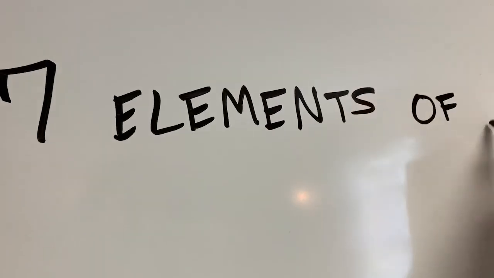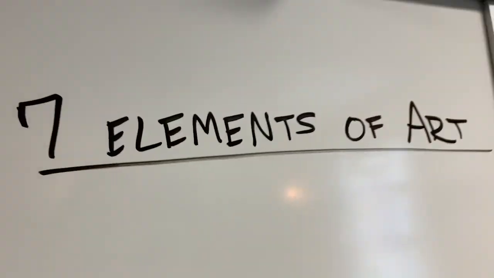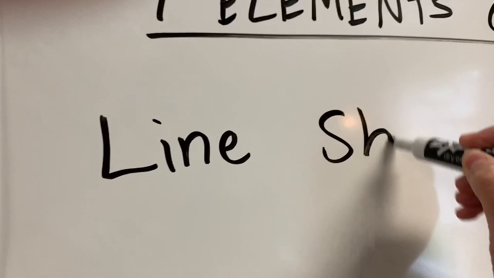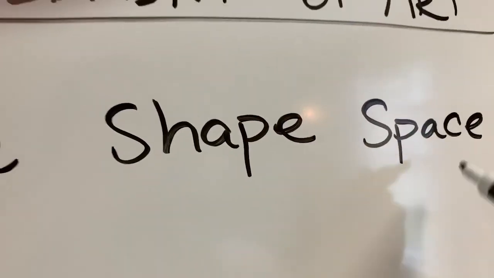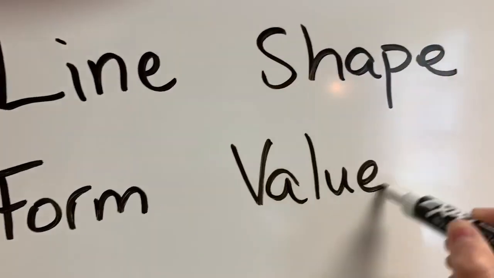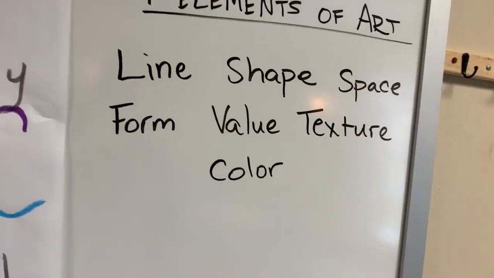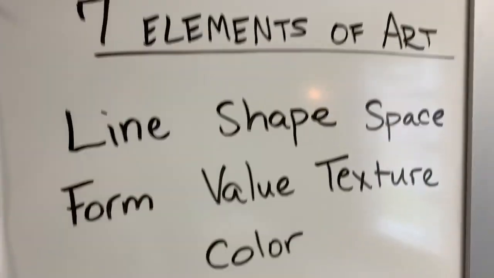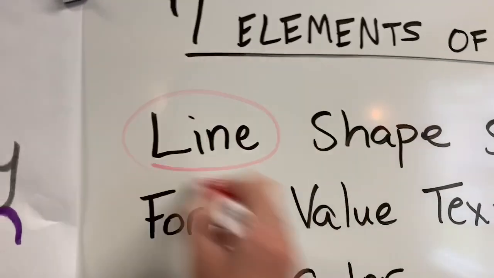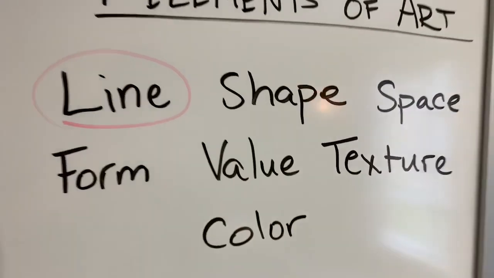It's really important to remember that in art class we will talk about the 7 elements of art all the time. They are line, shape, space, form, value, texture, color. And the one that we're going to be focusing on today is line. We'll also add some color.